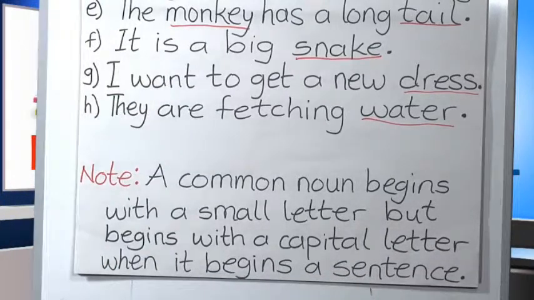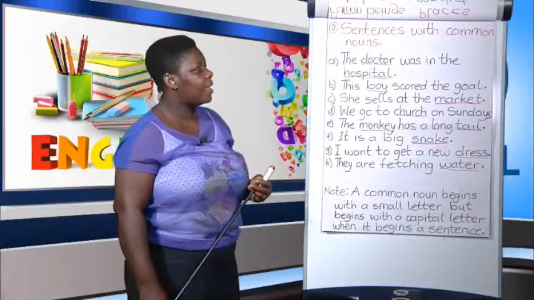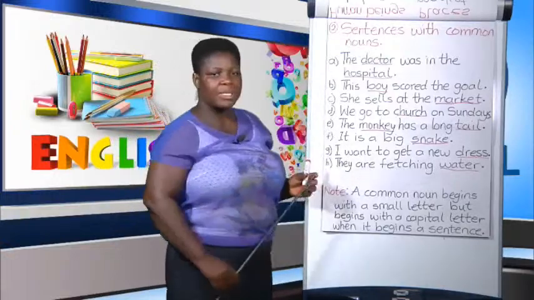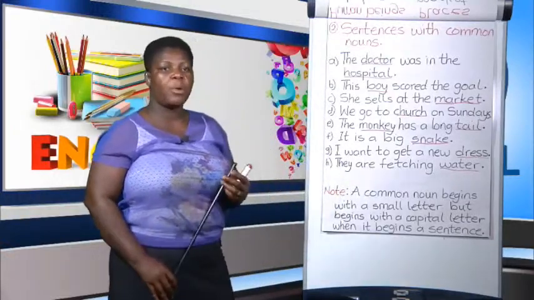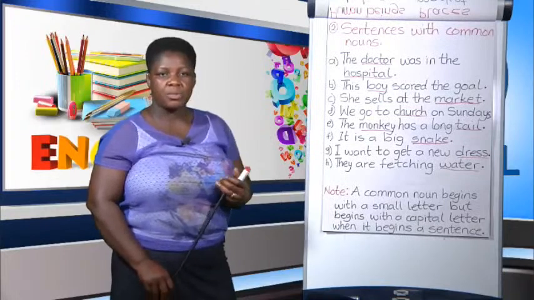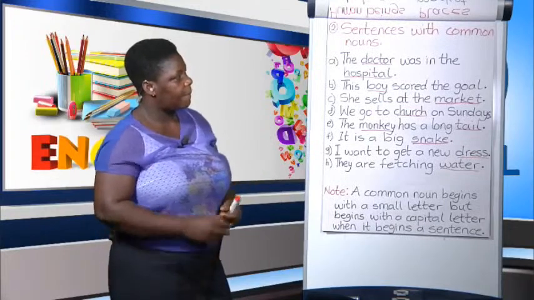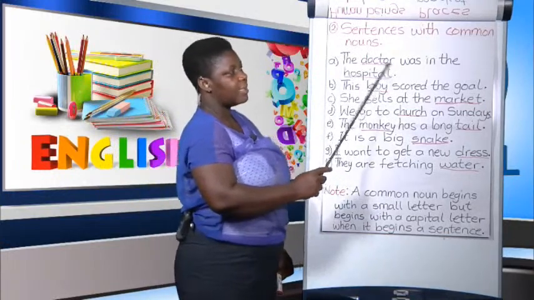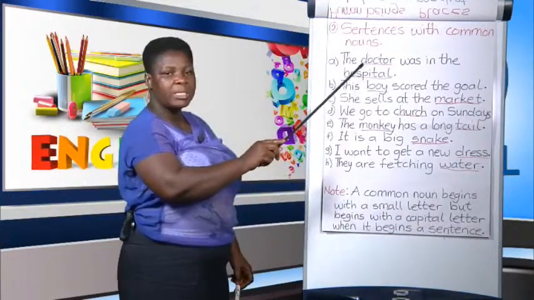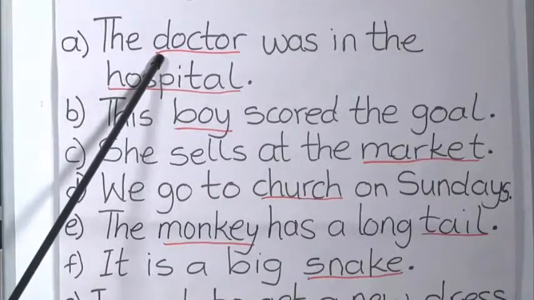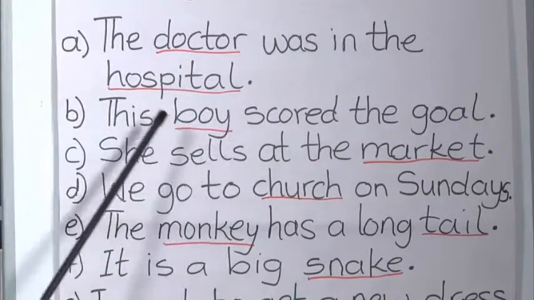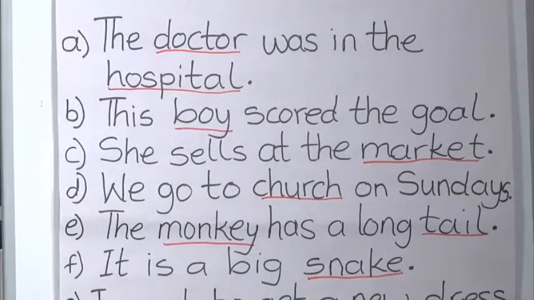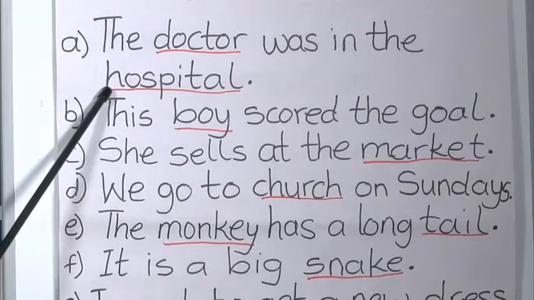So we are going back to the sentences to check if all the nouns that we have underlined as common nouns begin with a small letter. So we have doctor. It has a small d beginning it. We have hospital, which also begins with a small letter.